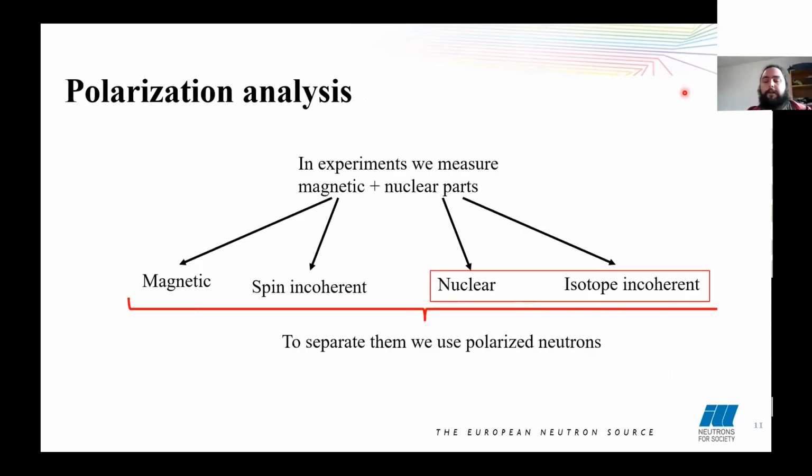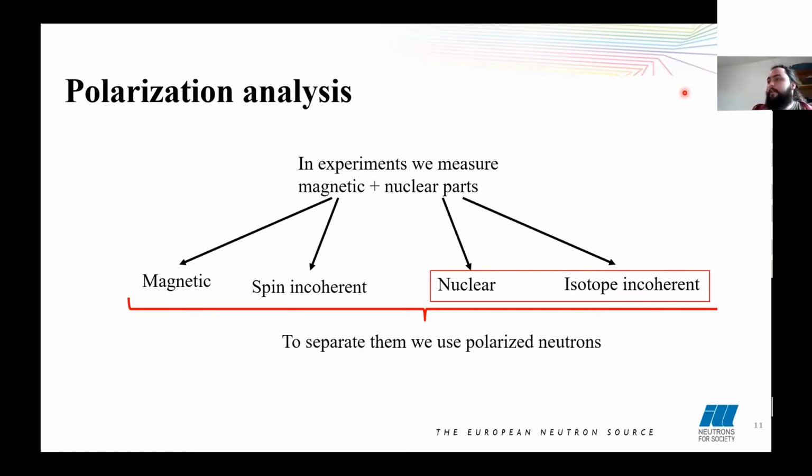So if we do experiments at low temperatures where the magnetism is important, then generally speaking, we measure a combination of the magnetic and the nuclear scattering. The magnetism is the interaction of the neutron with the unpaired electron spin, and the nuclear is the interaction with the nuclei. But on top of this, we also have incoherent scattering, which you might remember from other seminars.